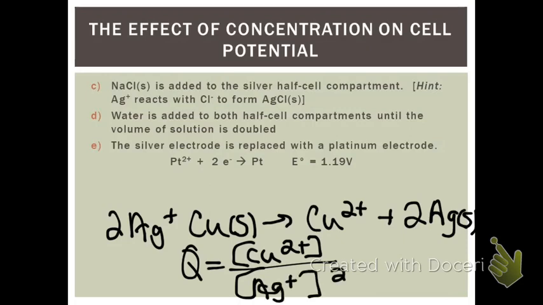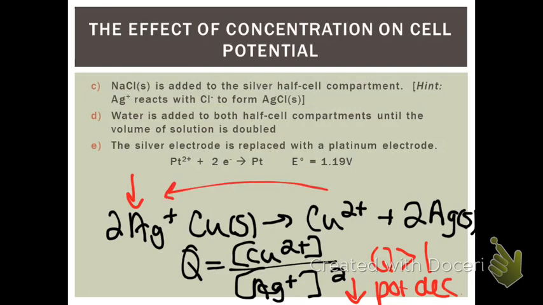Alright, NaCl is added and the Ag+ will react with it. So if Ag+ is reacting with it, the concentration of the silver will go down. That means that my Q will go up because my denominator is getting smaller. And if Q goes up, then my potential will decrease. You can do the same thing here. If this goes down, I'm going to shift to the left against spontaneity, so it will go down.